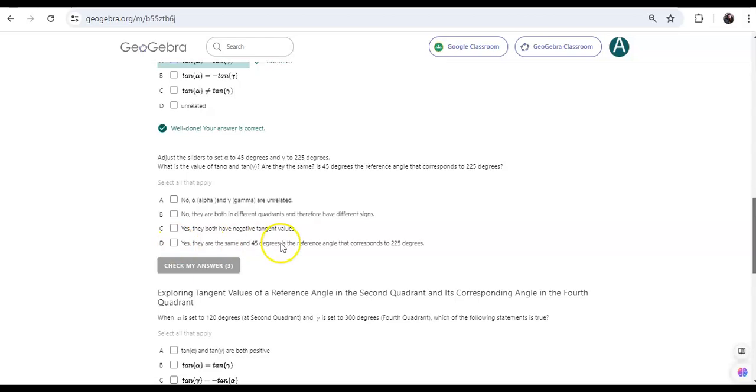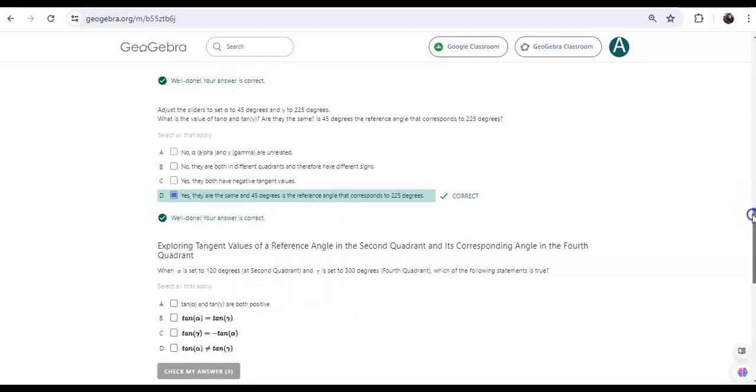So the tangent value of 45 degrees and the tangent value of 225 degrees are equal. They are the same, and yes, 45 degrees is the reference angle that corresponds to 225 degrees. Okay, next question.